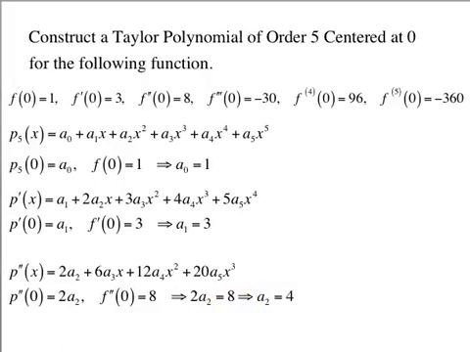We still need to find a3, a4, and a5. I will have to take the third derivative. So the derivative of 2a2 is 0. Derivative of 6a3x is 6a3. Derivative of 12a4x squared would be 24a4x. And derivative of 20a5x cubed would be 60a5x squared.